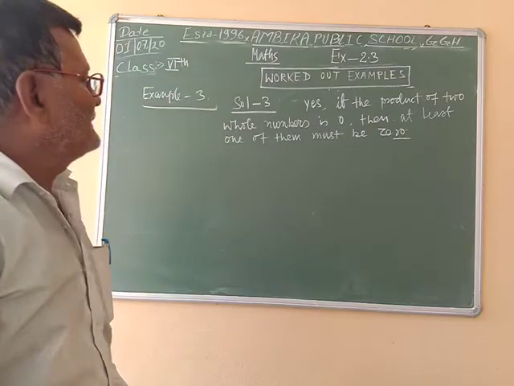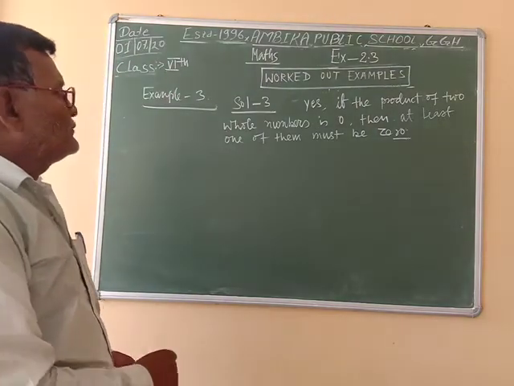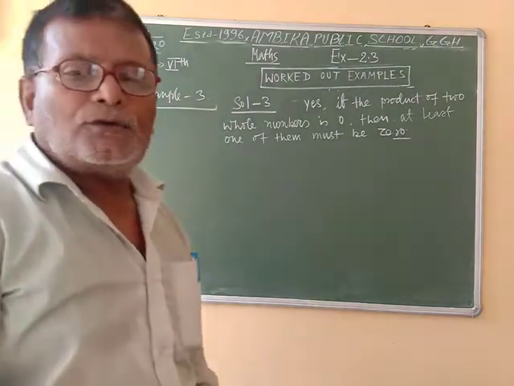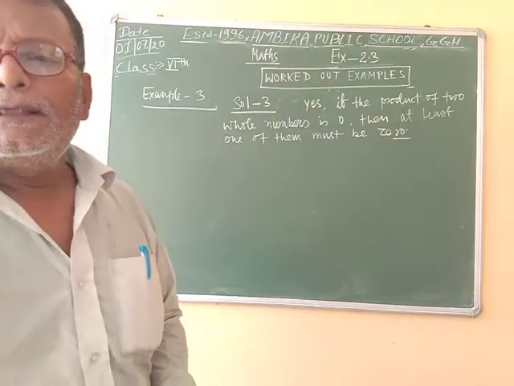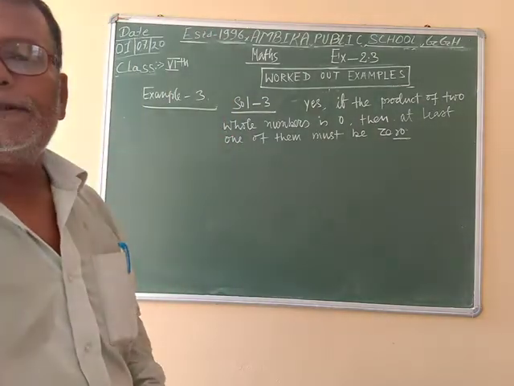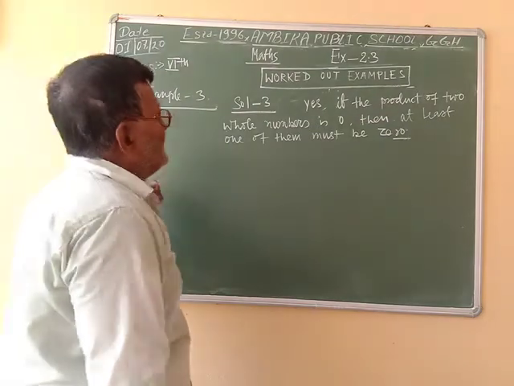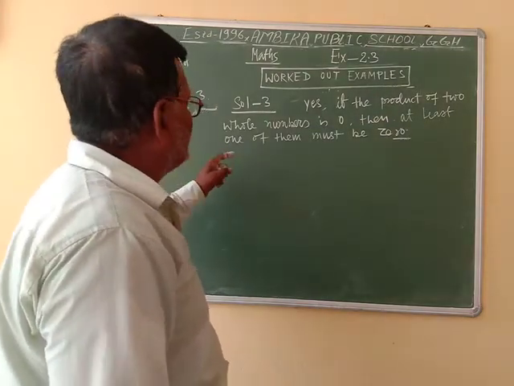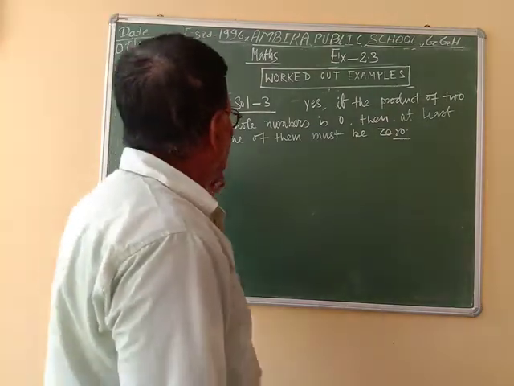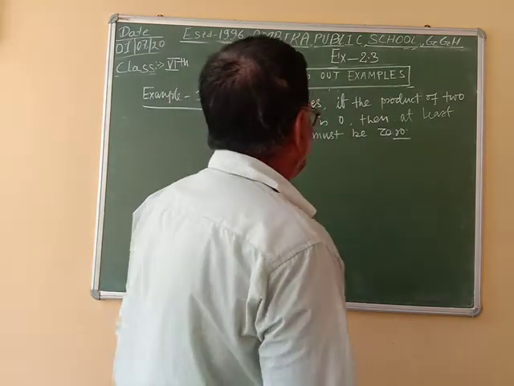Here we are asked, if the product of two whole numbers is 0, then what can we say? That one or both of them will be 0. Yes, if the product of two whole numbers is 0, then at least one of them must be 0.